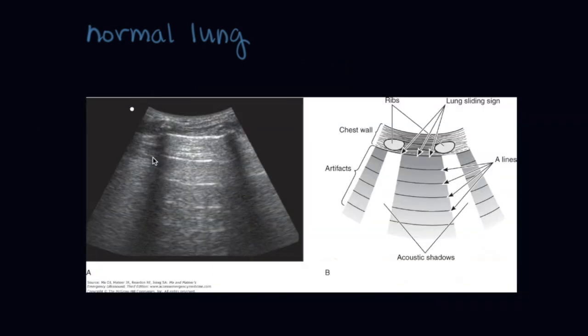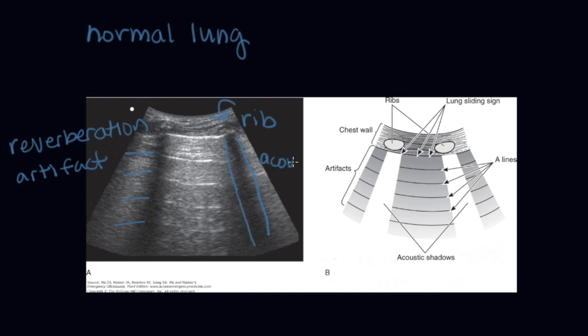When you increase the depth and frequency of the probe, you will see more reverberation artifact, but you still can't see past the aerated surface of the lungs. In this image, we also see the two adjacent ribs with their acoustic shadows deep to the rib.